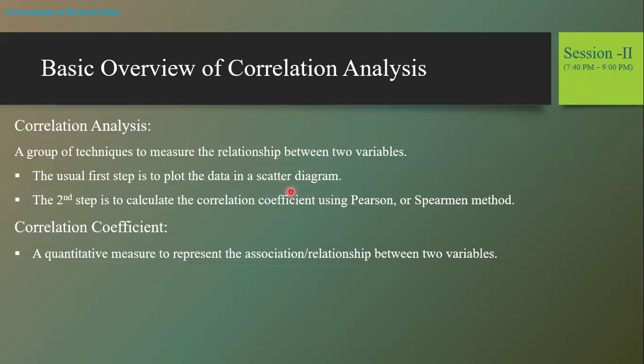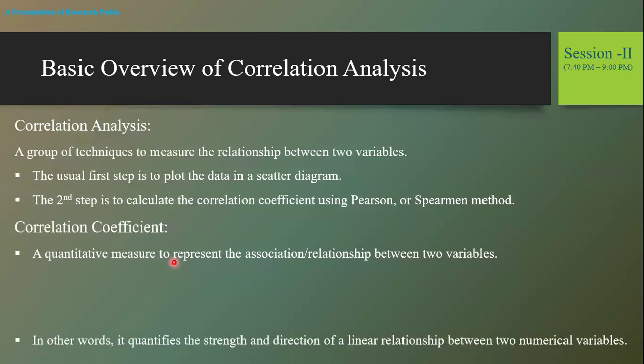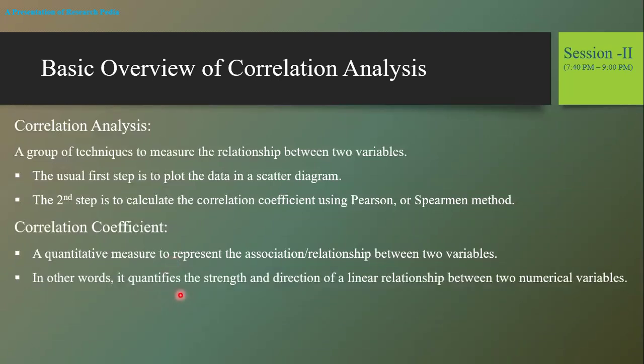So the correlation coefficient represents the quantitative measure. In other words, it quantifies the strength and direction of a linear relationship between two numerical variables. The correlation coefficient, often denoted by r, ranges from -1 to +1. Whenever we interpret the correlation coefficient, we use the small letter r.